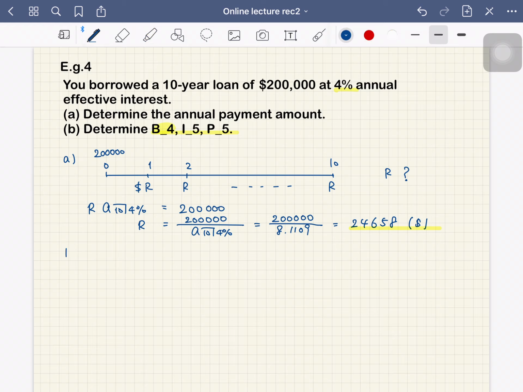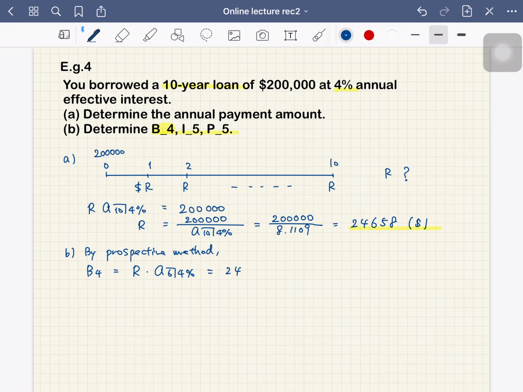So by prospective method, B4 is equal to R times a angle 6 at 4%, because the balance at the end of fourth year is the present value of the future payment. So future payment, we have 6 payments because this is a 10-year loan. So R times a angle 6.